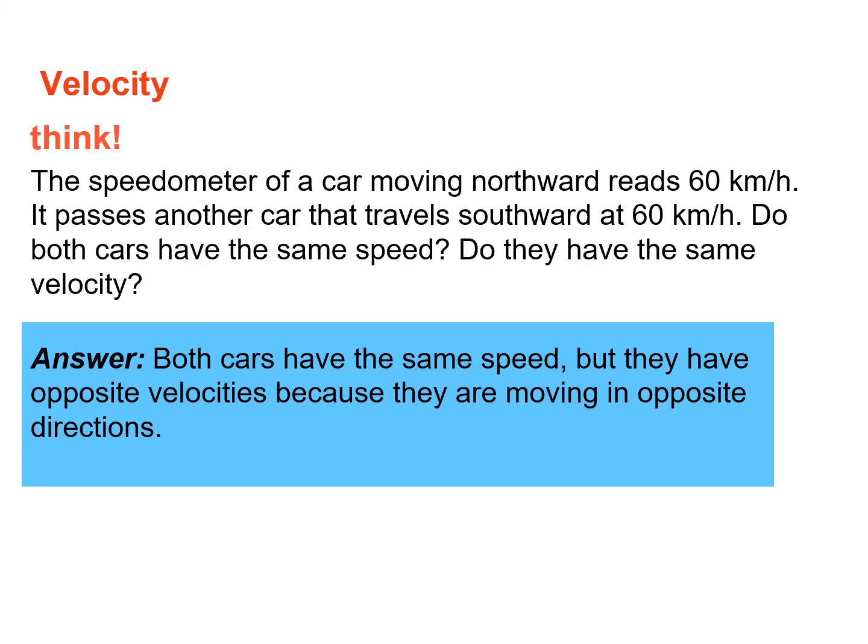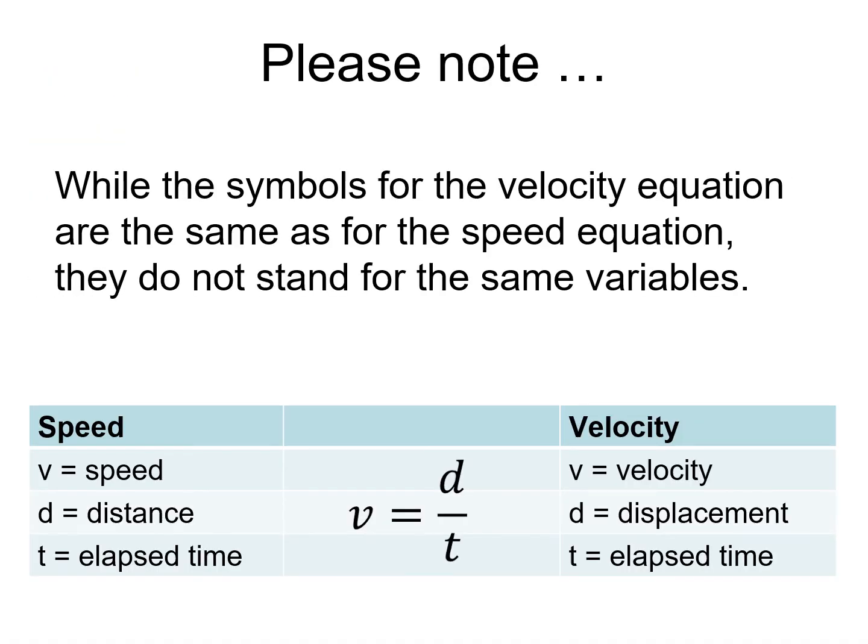In fact, if you use this on a problem on a piece of paper, you might designate one direction, let's say northward, as positive, whereas the other direction would then be indicated with a negative. So keep in mind that while we use the same letters to stand for speed and velocity, they actually measure different things, especially with regards to the d.